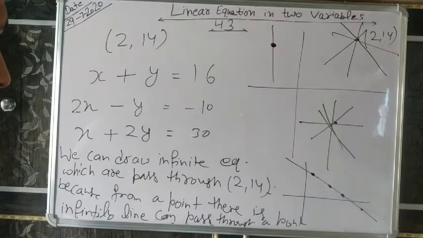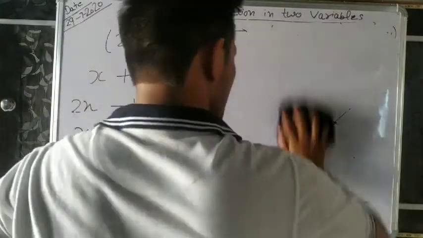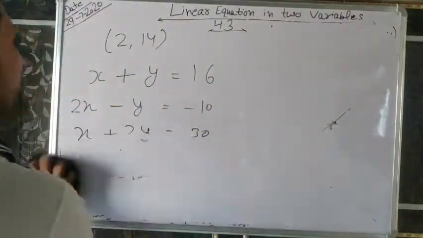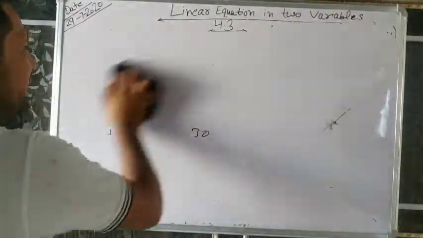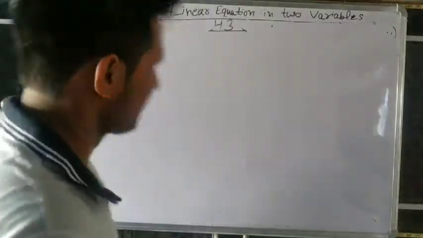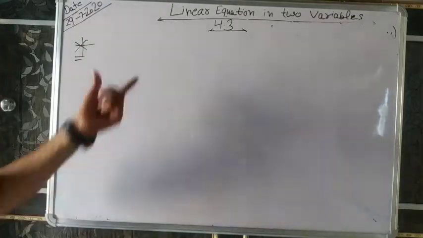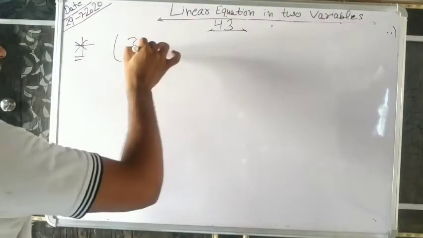Understand? Now one question I am giving you for homework. You will do it yourself. Same question, in place of point 2, 14, what is it? Homework is, draw how many lines pass through the point 3, 1.